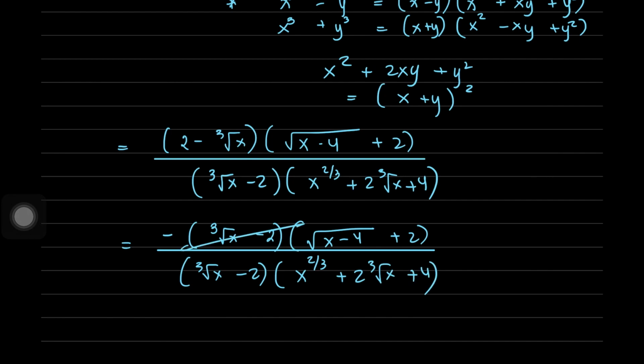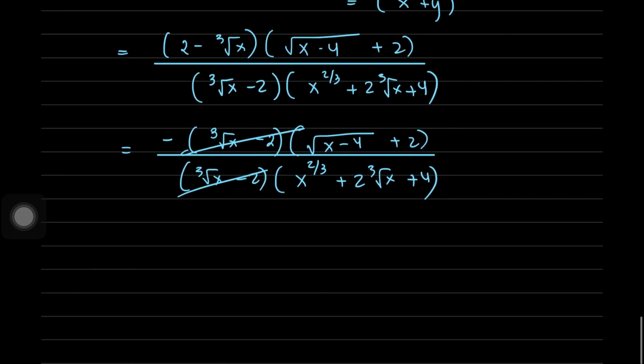Now, I can cancel out cube root of x minus 2 with cube root of x minus 2. Therefore, the resulting function would now be negative square root of x minus 4 plus 2 all over x raised to 2 over 3 plus 2 cube root of x plus 4.